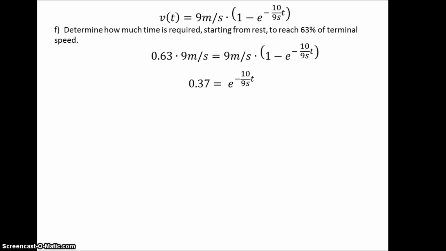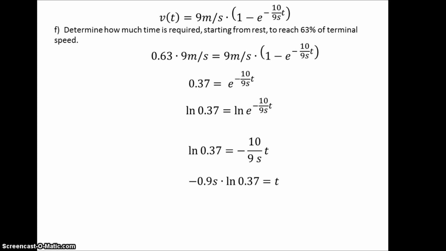And then we can take the natural log of both sides. And then finally we can multiply both sides by negative 0.9 seconds, and then finally solve for t, and we get approximately 0.89 seconds.